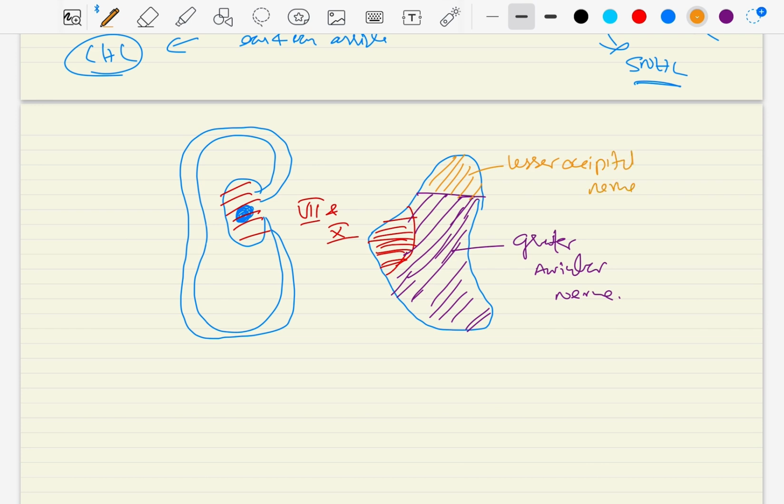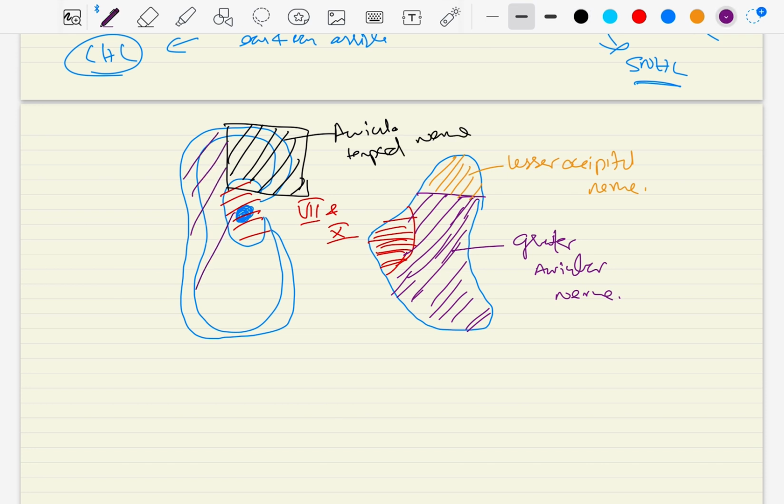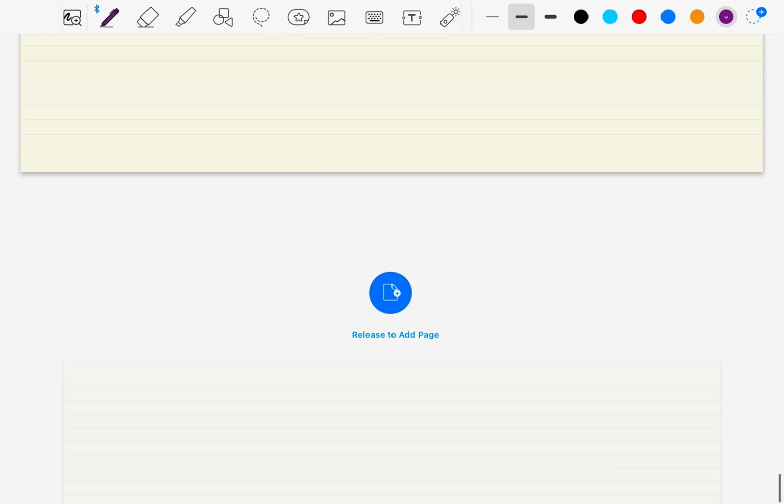There is no nerve called the greater occipital nerve here, so don't forget. When it comes to the anterior portion, this part is supplied by the auriculotemporal nerve. The remaining part is supplied mainly by the greater auricular nerve. That's it for the nerve supply of the external ear.